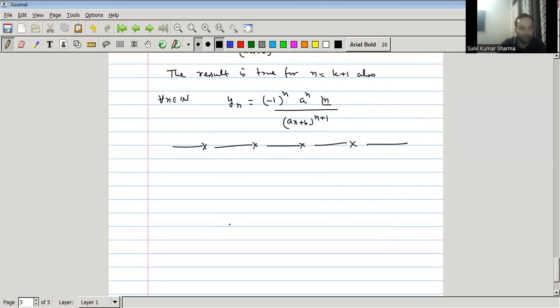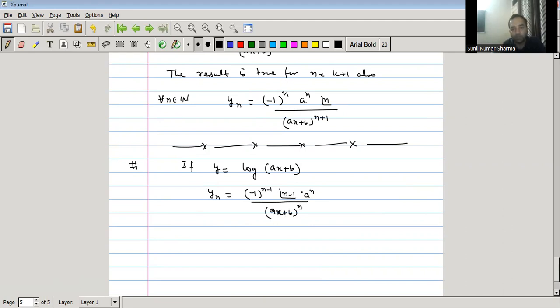So one assignment to all of you, try this part also. If y is equal to log of ax plus b, so prove that yn equal to minus 1 to the power n minus 1, n minus 1 factorial a to the power n divided by ax plus b to the power n.